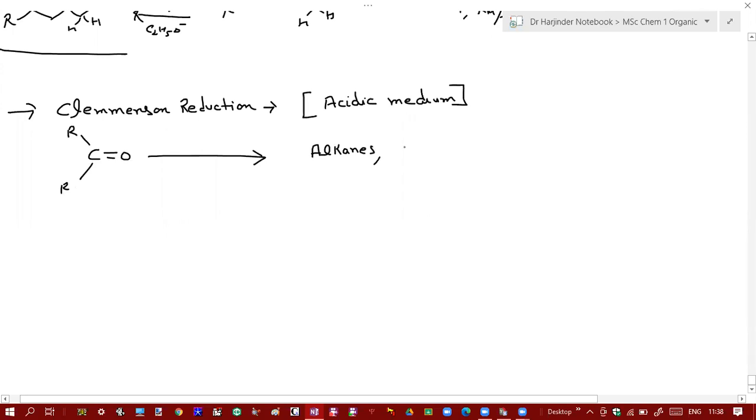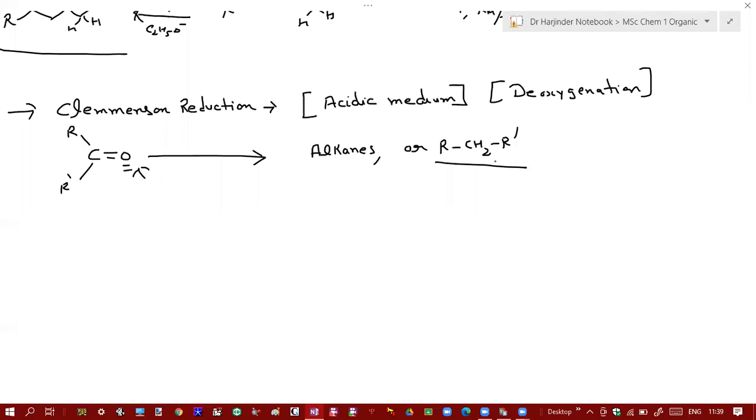So this is basically a deoxygenation reaction, not decarboxylation. You remove this oxygen and you get the corresponding alkane. So Clemmensen reduction is a reduction of a carbonyl group into the corresponding alkanes, and it takes place in acidic medium.